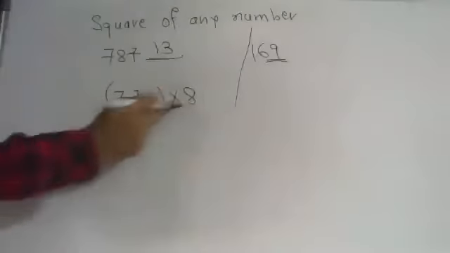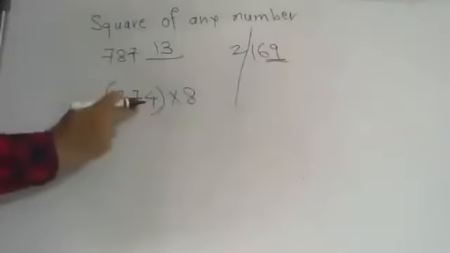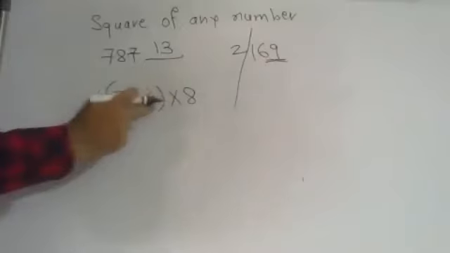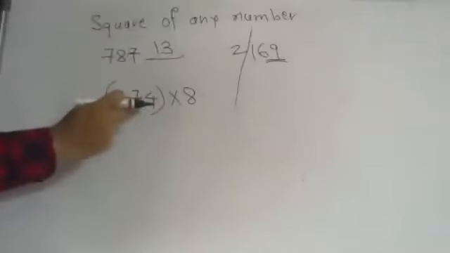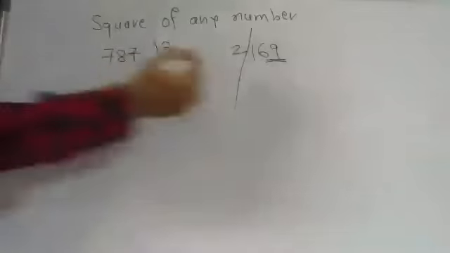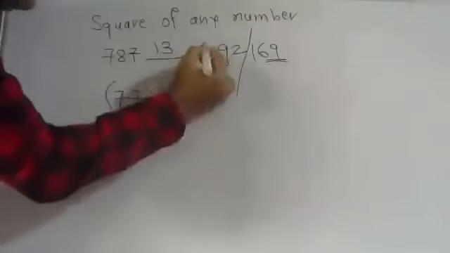What is this multiplication? 8 4s are 32, carry 3. 8 7s are 56 plus 3. 8 4s are 32, carry 2, carry 3. 8 7s are 56 plus 3, 59, carry 5. 8 7s are 56 plus 5, 61.